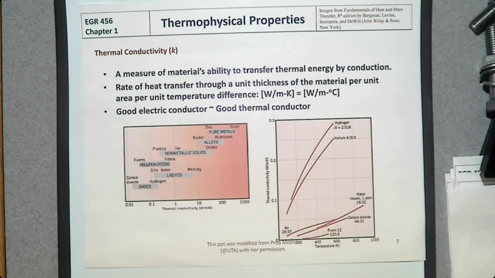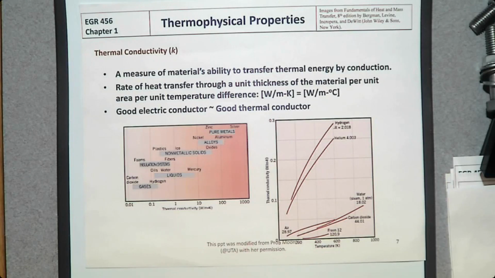If you look at the figure on the left-hand side, it shows the range of thermal conductivity values for different substances. Usually gases have very low thermal conductivity, liquids have higher thermal conductivity, and pure metals have relatively higher thermal conductivities than others.